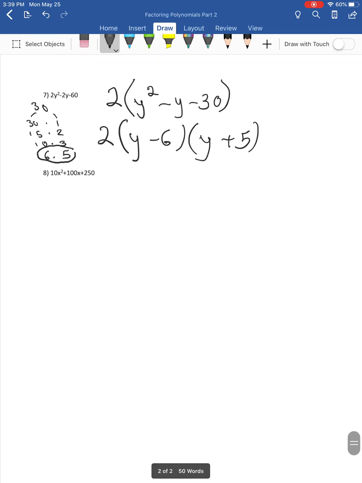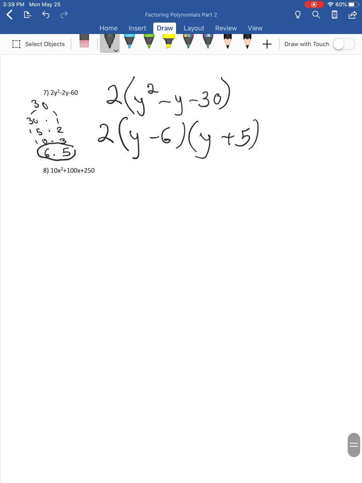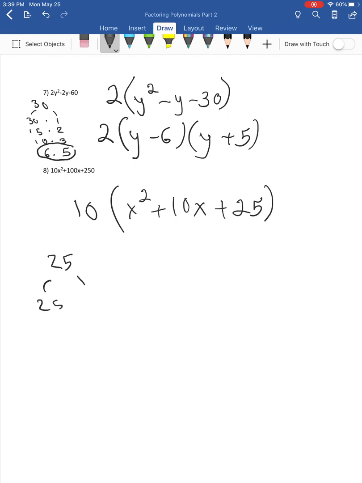All right, last one, we have a GCF of 10. It's going to be x squared plus 10x plus 25. All right, so 25 goes 25 times 1, and then the only other way to make 25 is 5 and 5, okay?